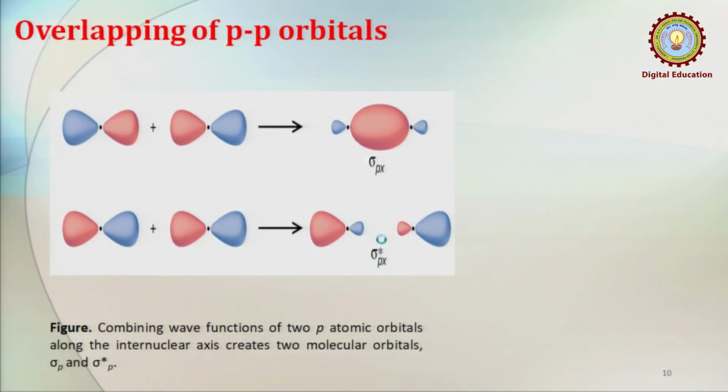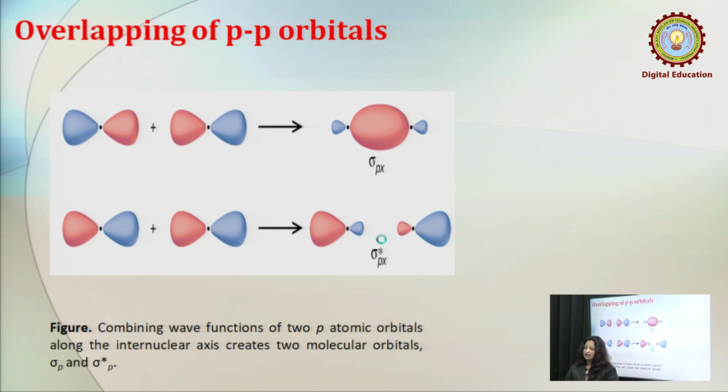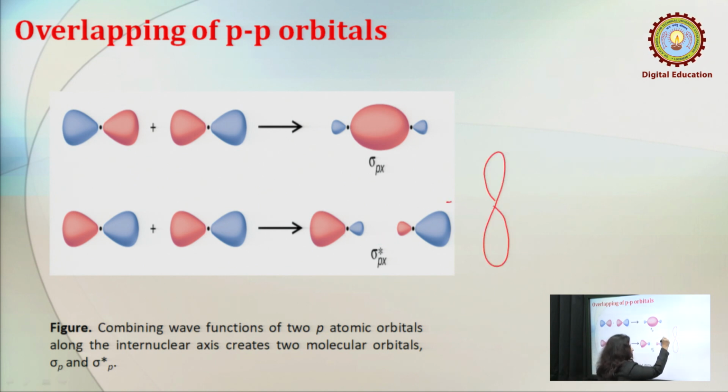If we have considered the combination of s orbitals, we can also consider the combination of p orbitals, right. Now, it has been assumed that there are 3 p orbitals. If this is, suppose this is the molecular axis, that is the z axis, and this is the x axis, then this will be y axis, right.